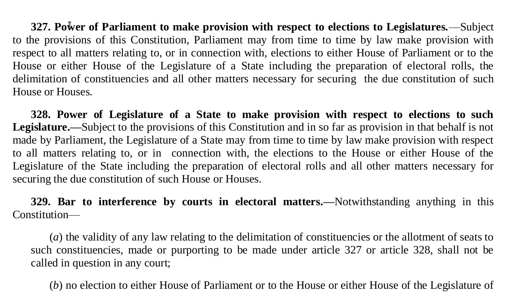Article 327. Power of Parliament to make provisions with respect to elections to the legislatures.